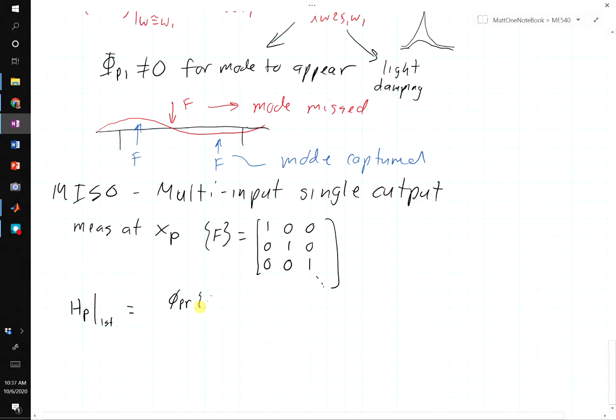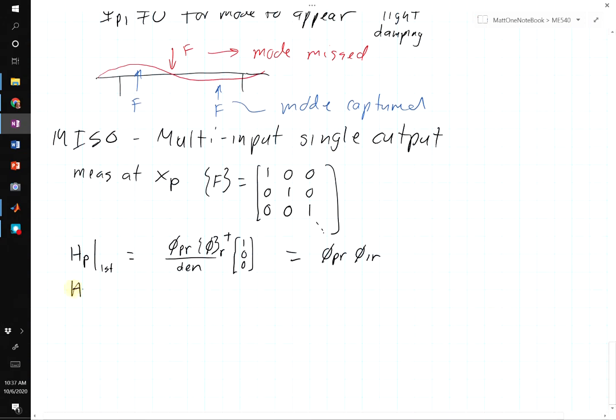And then we'd have phi R transpose, and then the force vector, which is 1, 0, 0, right? And then we'll have the denominator, the same as before. So basically that just becomes phi PR, phi 1R.